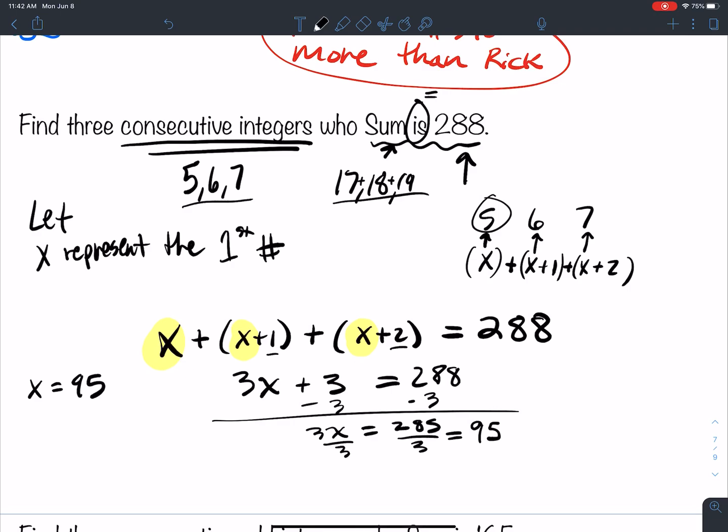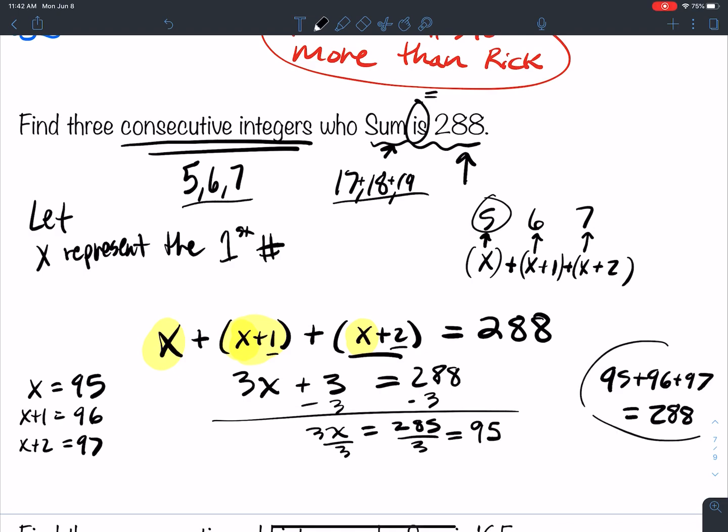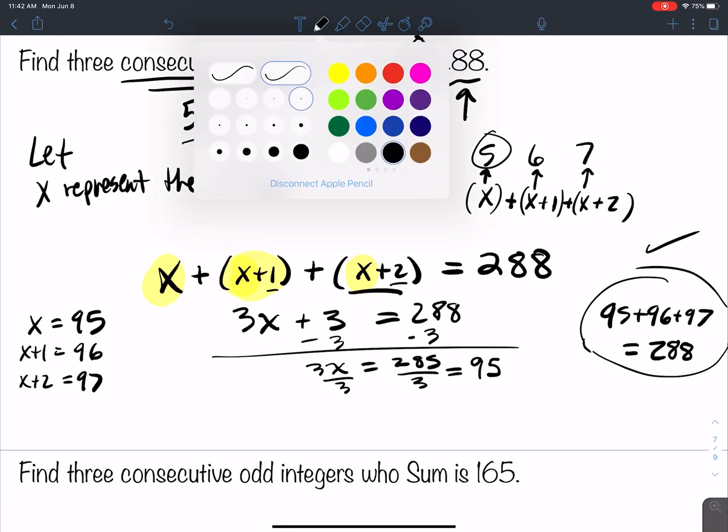All right? What's the next number? Well, to get the next number, I do x plus 1, which is 96. And then the next number after that is x plus 2, and that's 97. So if I add 95 plus 96 plus 97, I should get 288. Okay, so you can always check yourself if you want to check yourself.